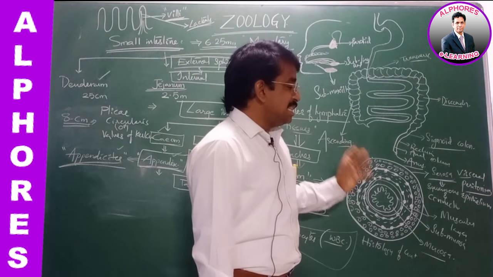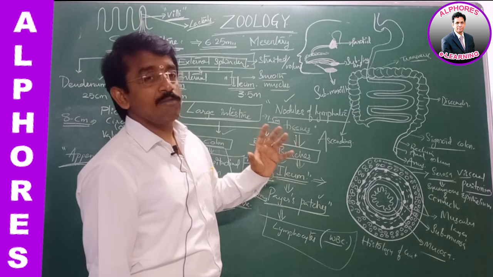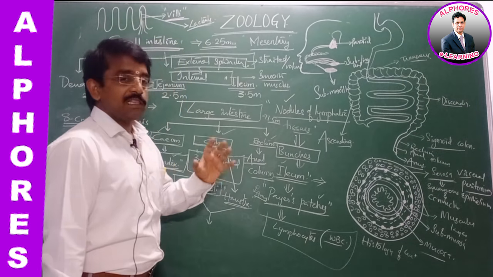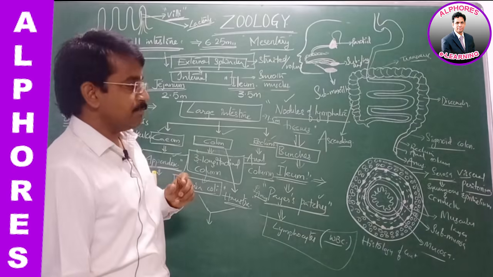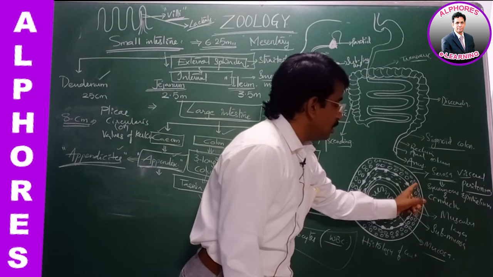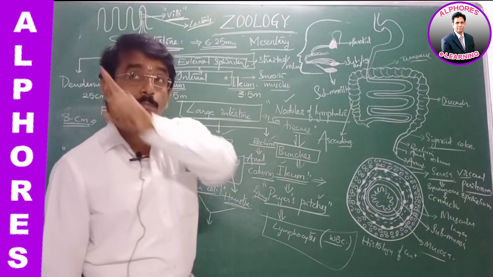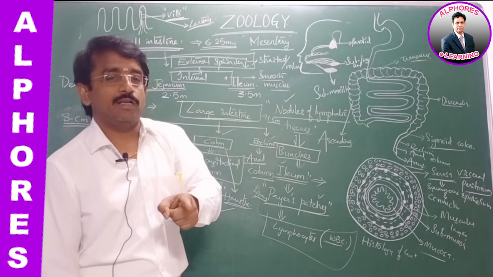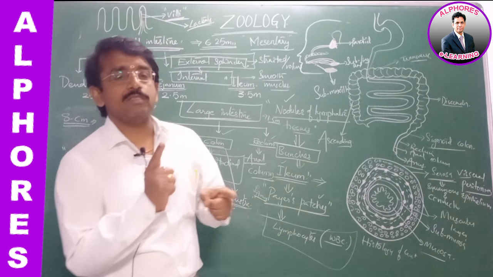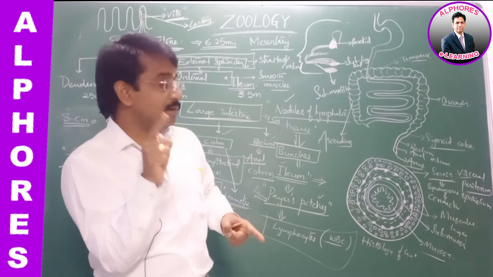And this outer longitudinal and inner circular muscle shows variations in the parts. For example, in the case of the stomach, besides longitudinal and circular, one more layer of muscles, oblique muscle layers, is present. Longitudinal is vertical, circular is horizontal. What about the oblique?